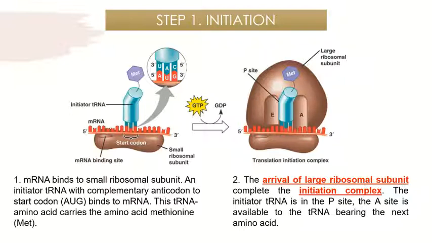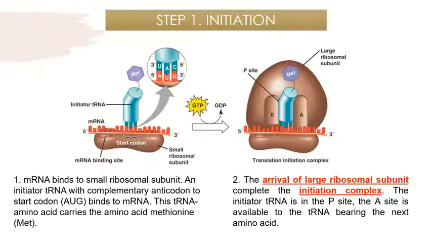The initiator tRNA with an anticodon complementary to the start codon AUG binds to the mRNA. You see the blue colored one, the initiator tRNA. That initiator tRNA is carrying the amino acid methionine, and it is complementary to the start codon AUG.